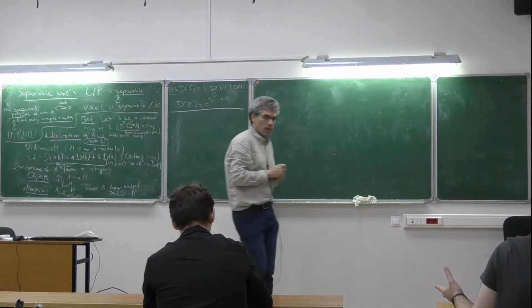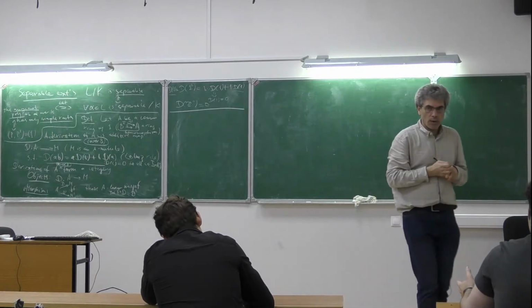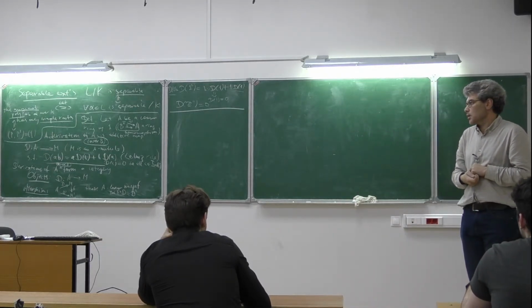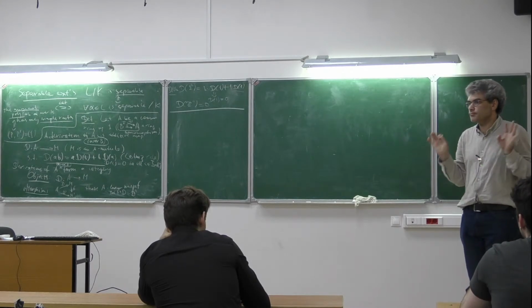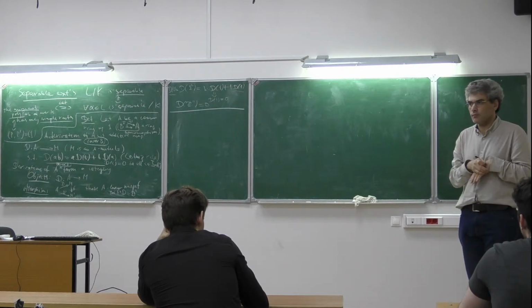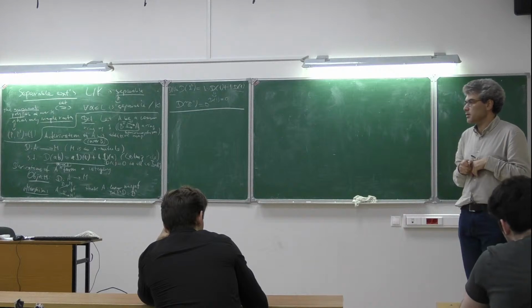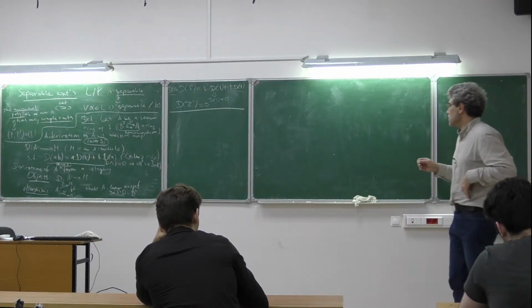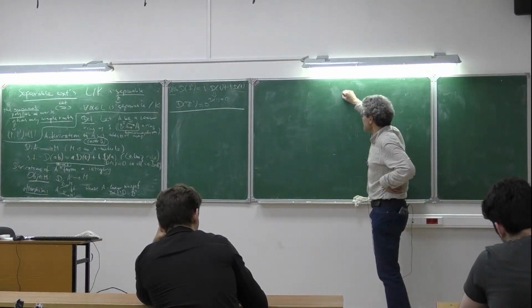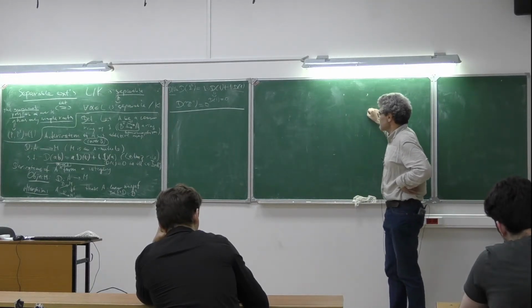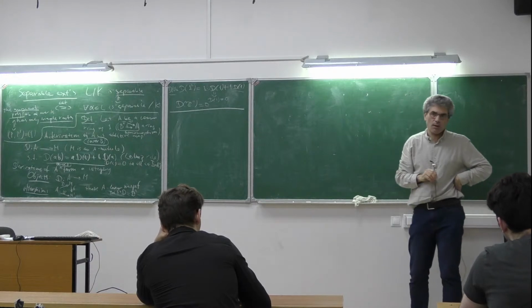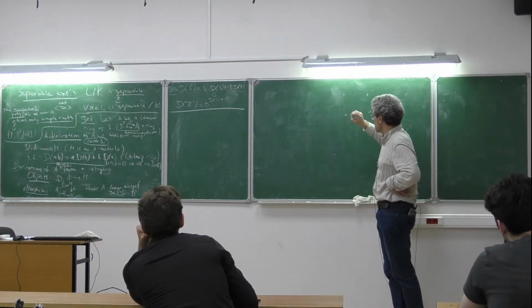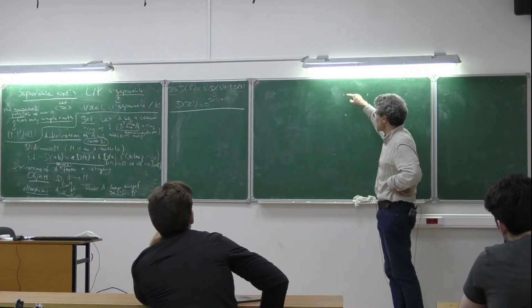What is a category? A category is a certain pair of data. So you have what is called objects. You just imagine that they are some kind of points, and besides the objects, there are morphisms.